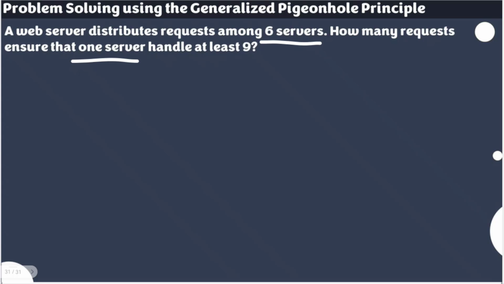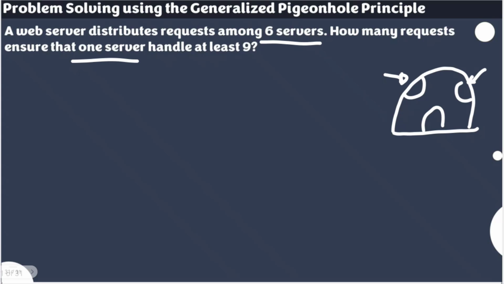So this is an example of a pigeonhole principle, because if you talk about pigeonholes, you have your placements. You will be asked about the number of pigeons needed so that these pigeonholes will be used more than one time. So 2 times, 3 times, in this case at least 9. So let's try to identify first what would be our pigeonholes.